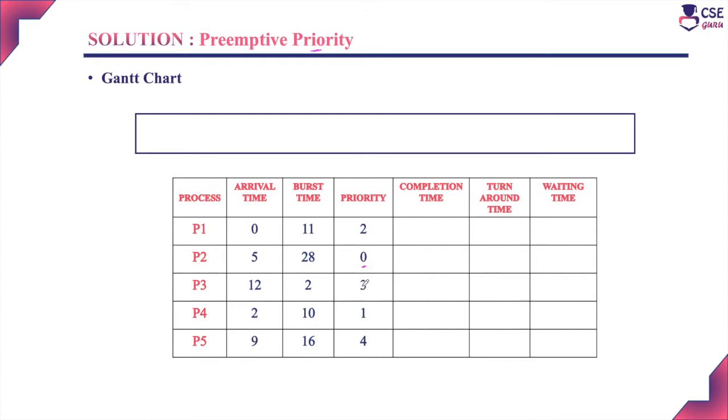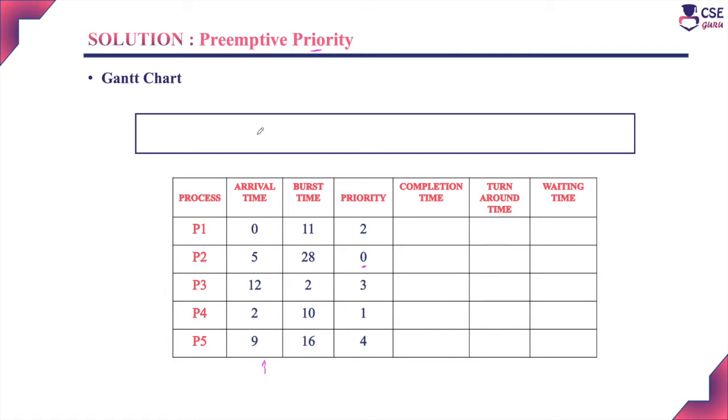Preemptive priority means when a process is assigned to the CPU for execution, and during its execution a new process enters the ready queue with a higher priority, the executing process will be suspended. That is, the executing process will be preempted and the new process with the highest priority will be assigned to the CPU for execution.